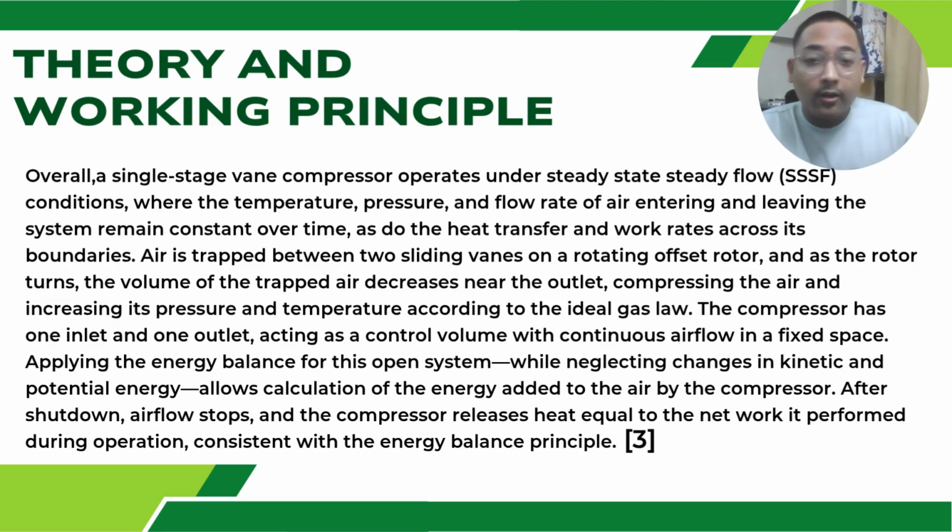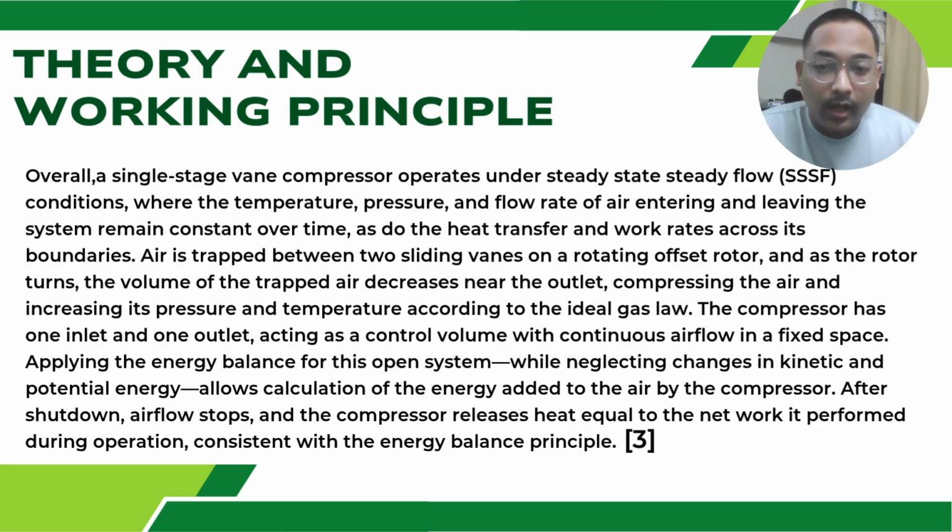The compressor has one inlet and one outlet, acting as a control volume with continuous airflow in a fixed space. Applying the energy balance for this open system, when neglecting changes in kinetic and potential energy, allows calculation of the energy added to the air by the compressor.